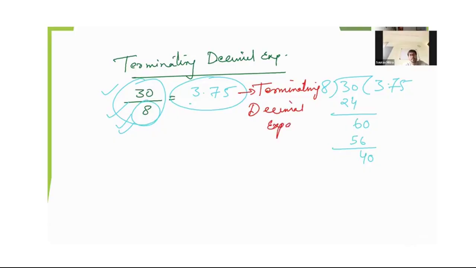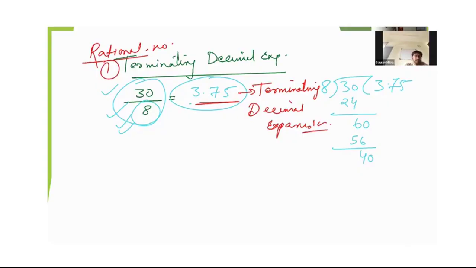Why? Because it has ended. After the decimal there are only two digits, 3.75. It has terminated. That's why this expansion is a terminating decimal expansion. Now this is one category of a rational number: it possesses a terminating decimal expansion.